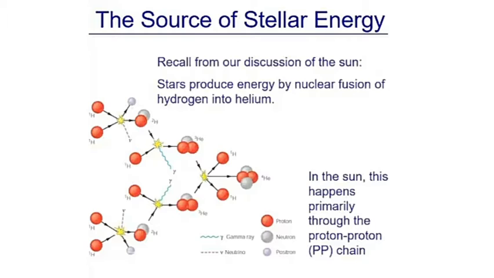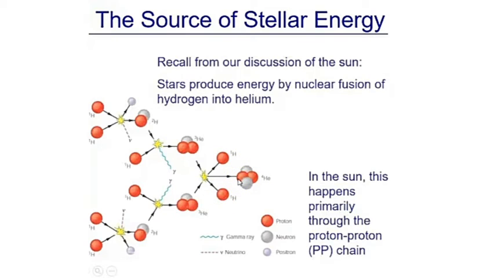Two protons come together and give off a neutrino and a positron, becoming deuterium, which is an isotope of hydrogen. Bombarded by another hydrogen, it gives off a gamma ray and becomes an isotope of helium, but it needs to collide with another helium of the same kind, giving off two hydrogen and becoming helium.